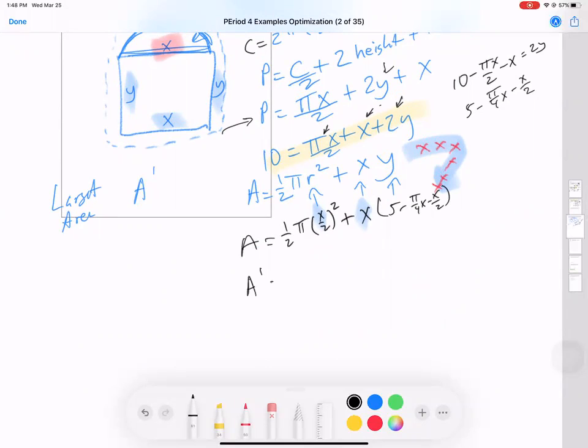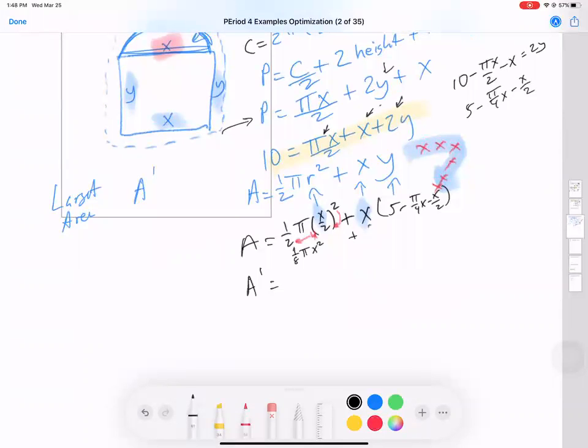A prime is equal to, I'm going to move this out, 1 over 8 pi x squared. How do I get 8? When I square this, it becomes a 4, and then that's 4 times 2 becomes the 8. I'm going to multiply this out over here to the right.